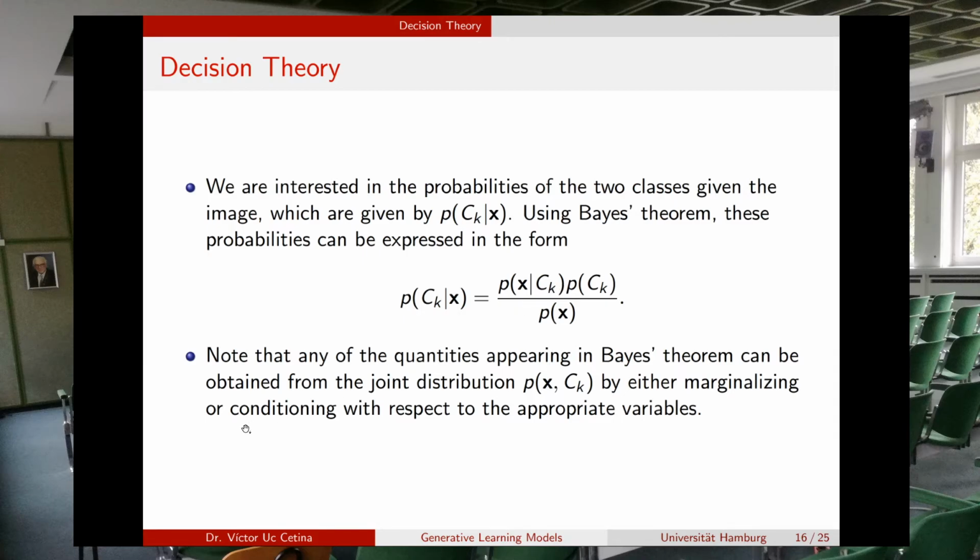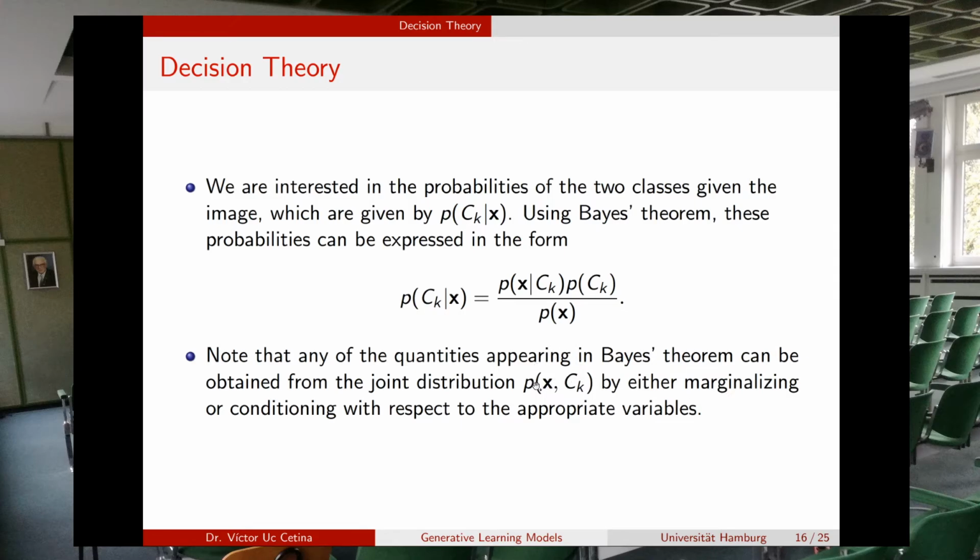This will correspond to the second option here, the conditioning. So you can say, for example, the probability of x given C times the probability of C. Or you can also choose the other way around, like the probability of C given x times the probability of x.